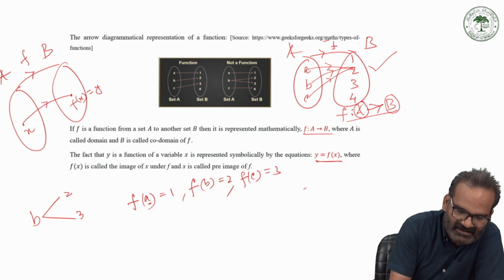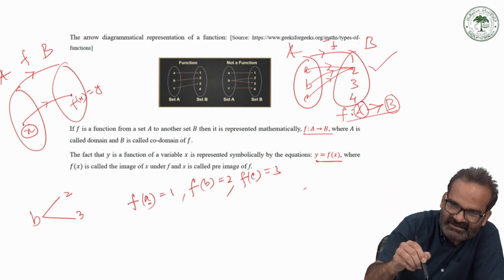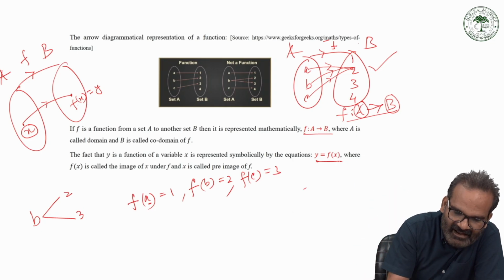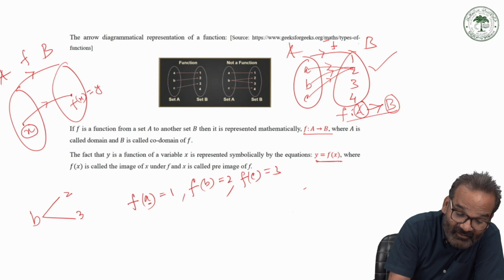This is an input of the set A. When f is acted on this input, we get f(x), that is equal to y, as an output, right? In other words, you can also say the image of x under f is f(x). We call it y.